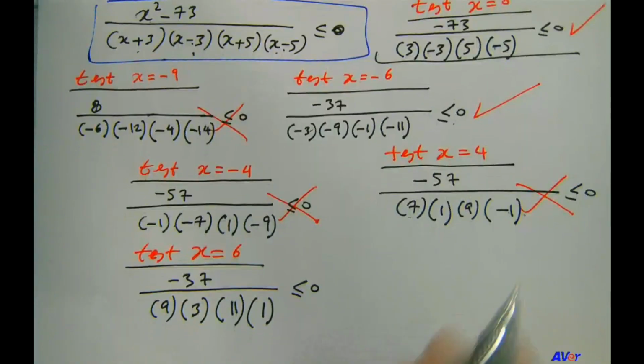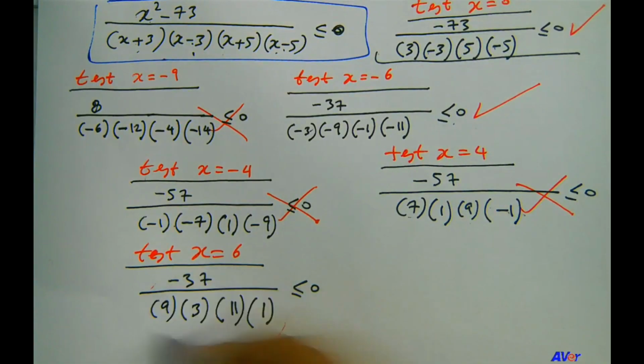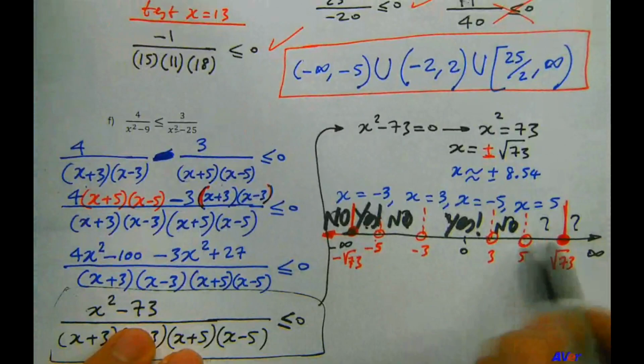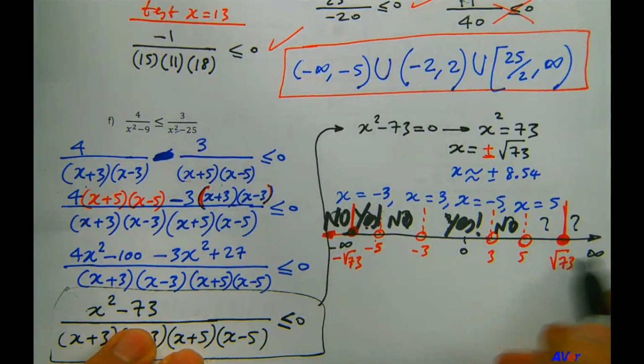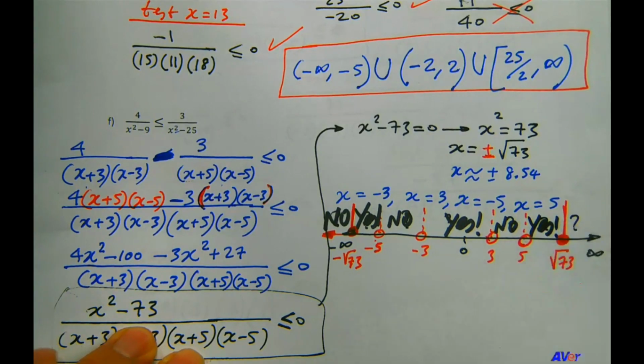And the answer is yes. That left side is a negative number as a whole, so this checks out. So going back to our graph here, between 5 and positive 8.54, yes. So that's also a solution.